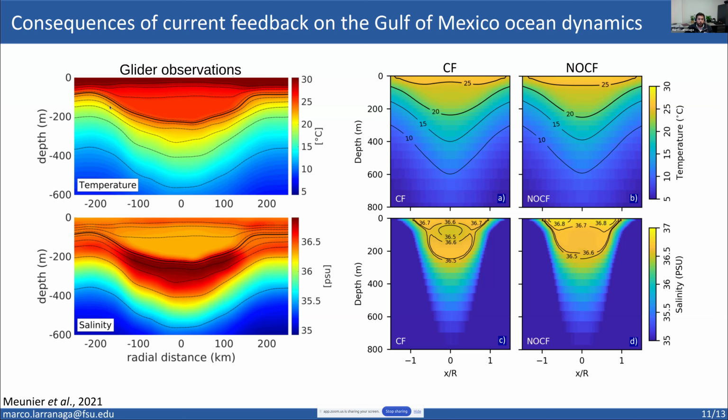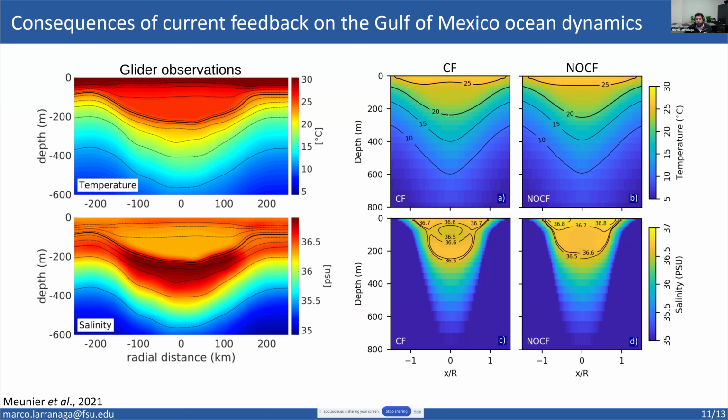So here we have the temperature and salinity. We can see that in the temperature we have a well-defined eddy core that has the shape of a pancake or a pot. And in the salinity, we have two cores, one at the surface that can reach 200-meter depth, that is fresher, and another one below the 200-meter depth that seems to be salty.